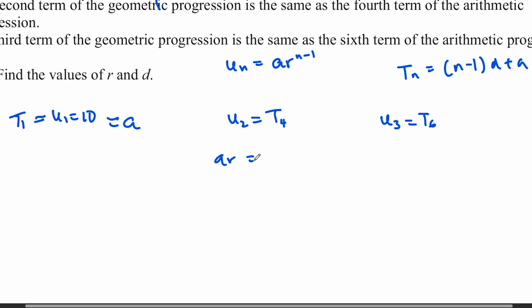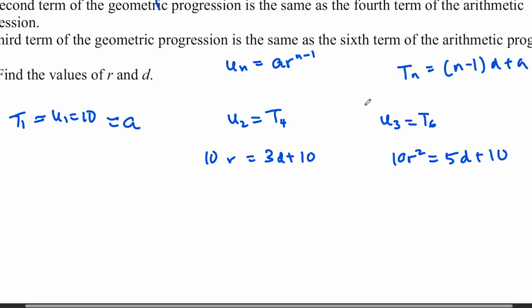So r, okay, a we actually know the value, so 10. We just straight away use 10. T4 is 3d plus 10. Okay, I will just leave that there for now. We'll deal with the other one. 10r squared equals 5d plus 10. So I believe we're okay.